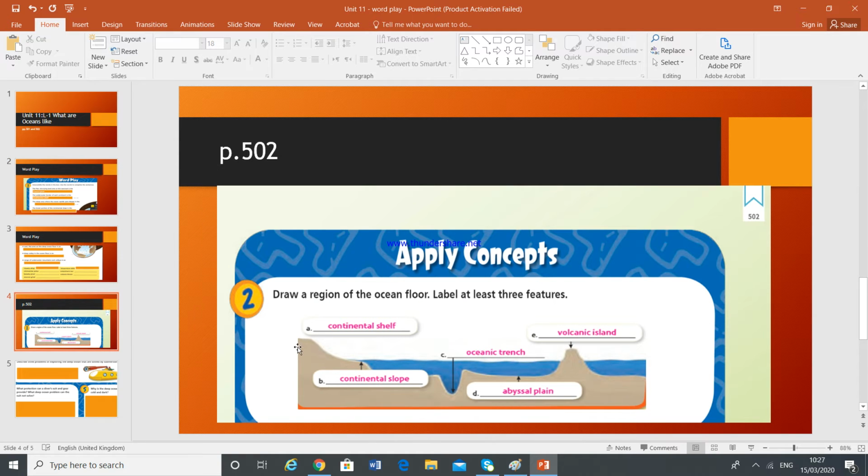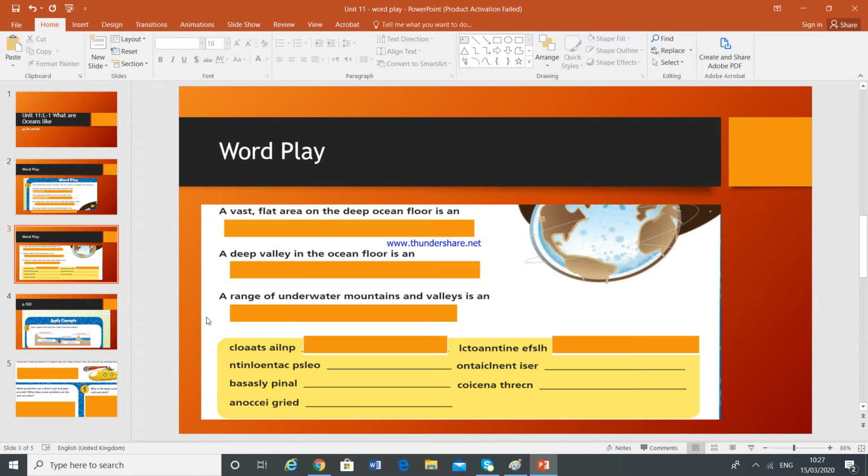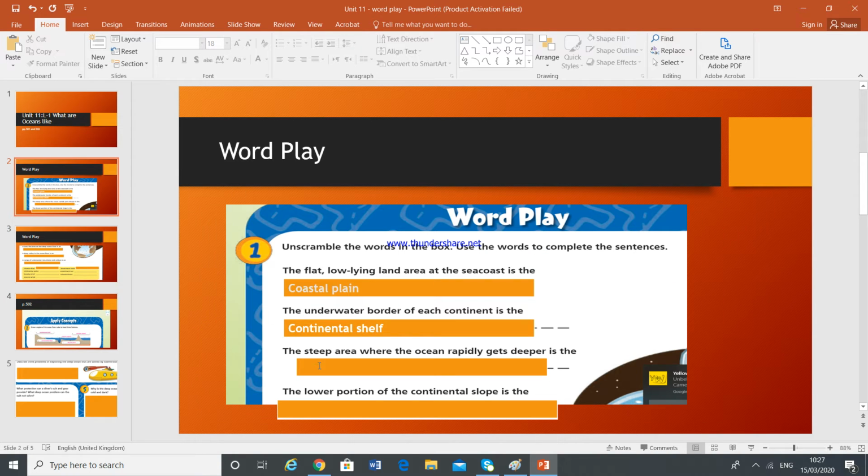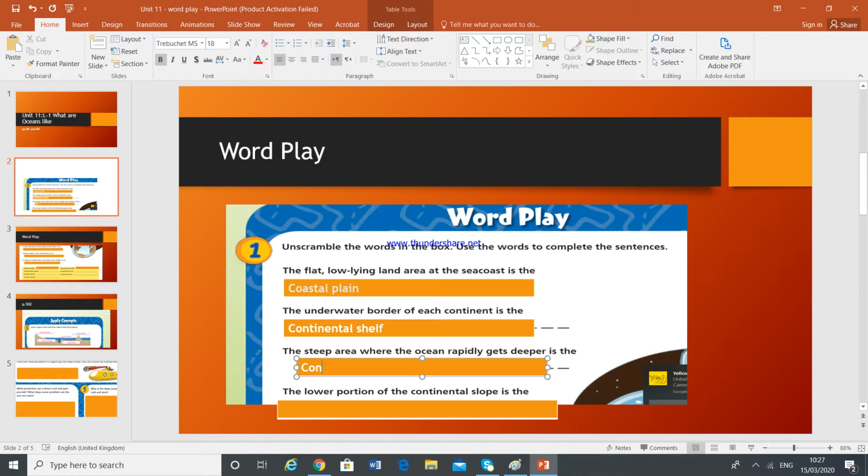Girls, see, deep inside the ocean, the border is the continental shelf, and when you go a little more down, a little steeper, this is the steeper part, which is called the continental slope. So we have discussed two of them, coastal plain and continental shelf, and now it is continental slope.